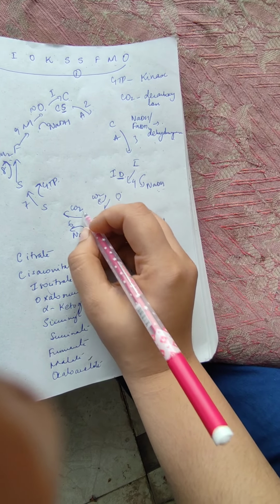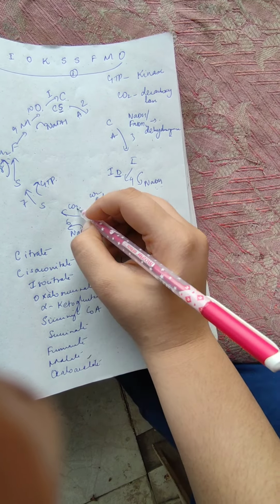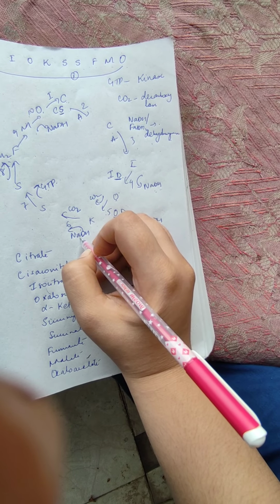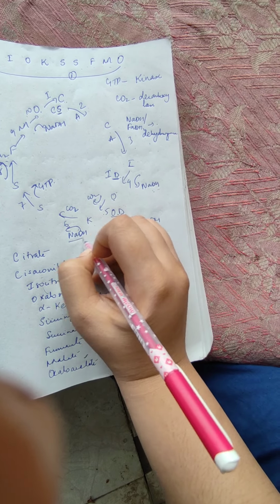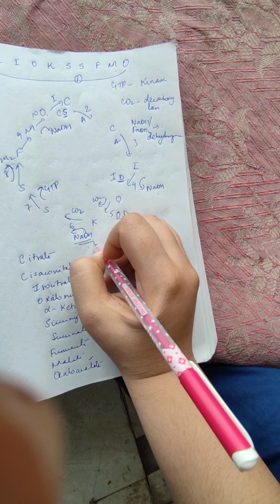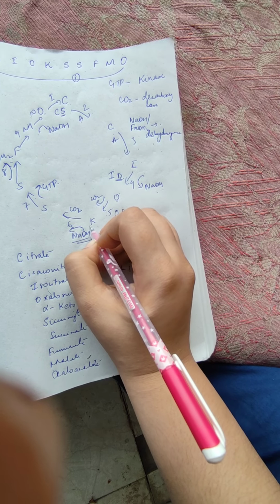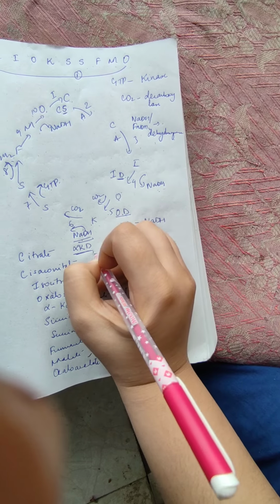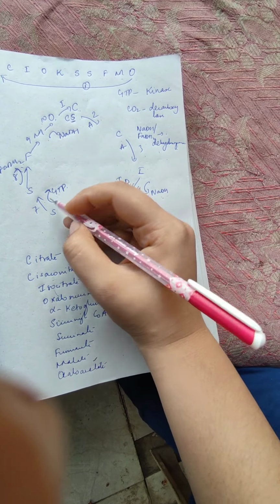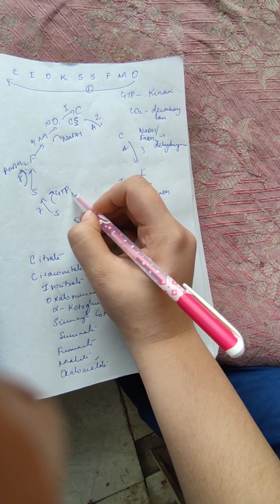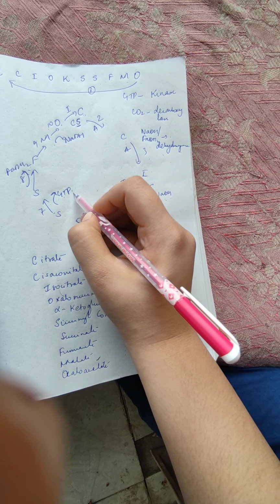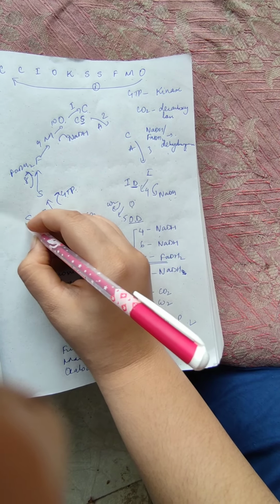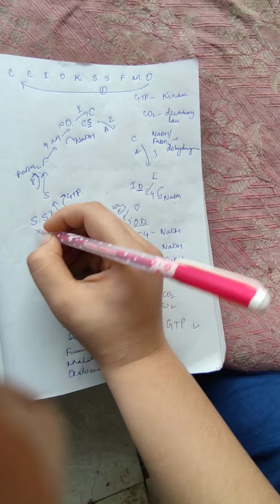Next we have this step. Over here both things are happening. Decarboxylation is also happening and dehydrogenation is also happening, but dehydrogenase is stronger, so this is going to be alpha ketoglutarate dehydrogenase. Next, this is the step where GTP is produced, so this is going to be succinyl CoA synthetase.